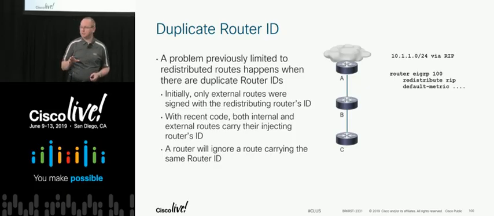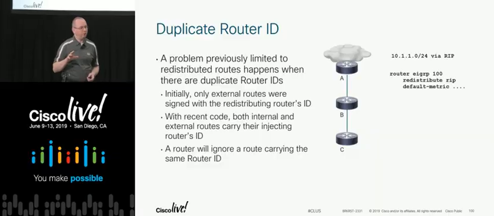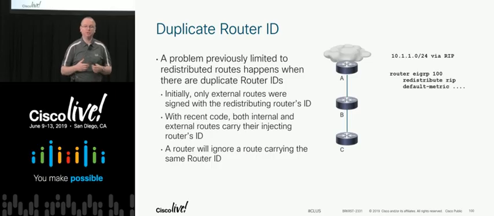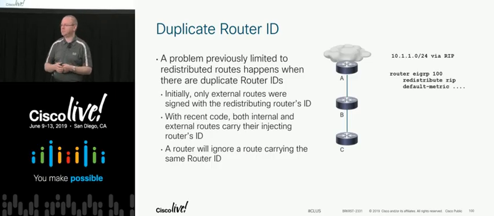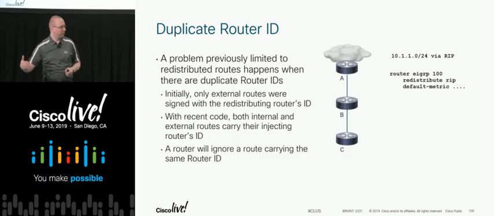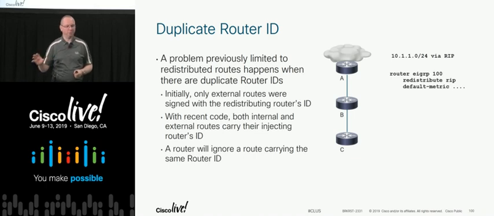What this means is that if you do some kind of migration in the network, you replace one router with another, and typically you configure the new router exactly as the old one. You prime it with a configuration, maybe different IP addresses, but very similar. Typically, the router ID would be duplicated.